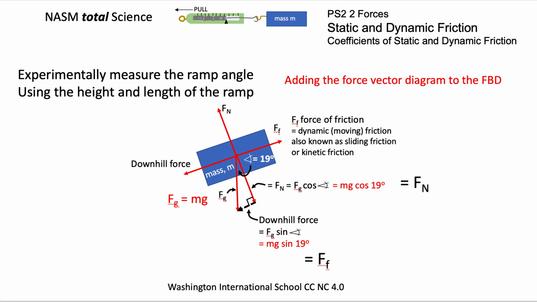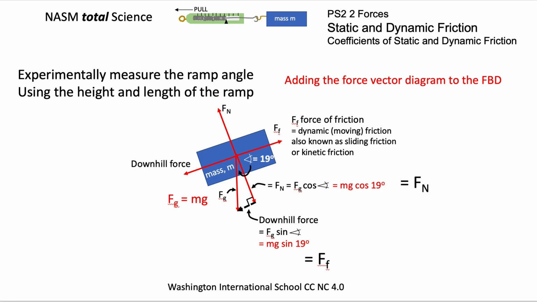And we know that Fn equals the force of gravity cosine of the angle, and the downhill force is the sine of the angle times the force of gravity. So then we have the downhill force, and we have the normal force.